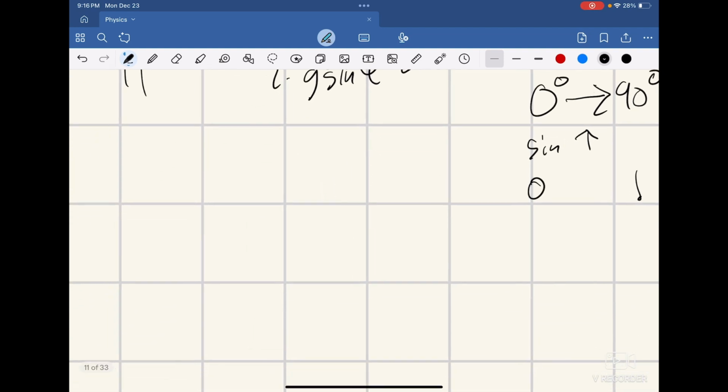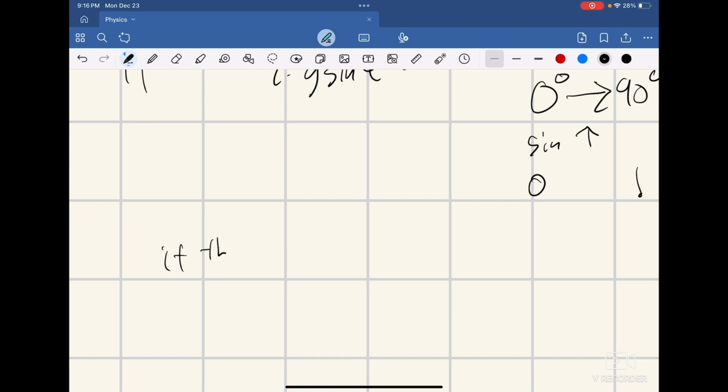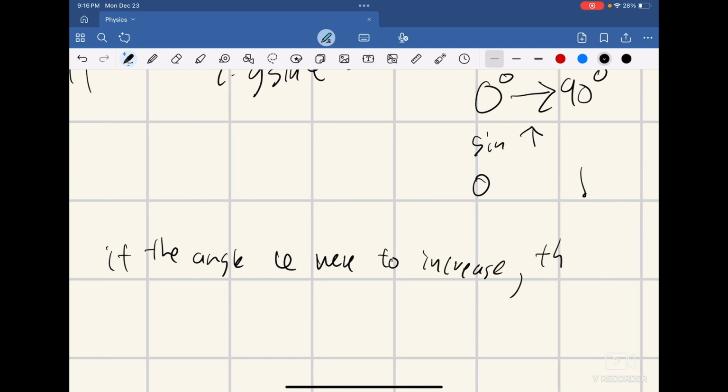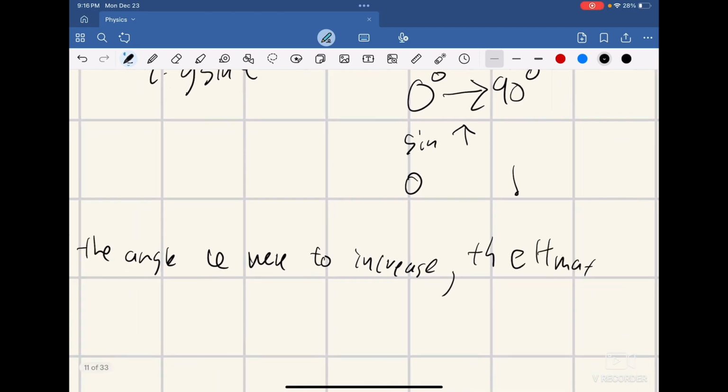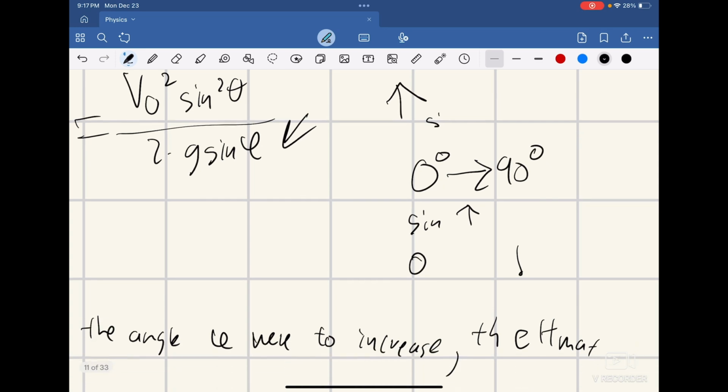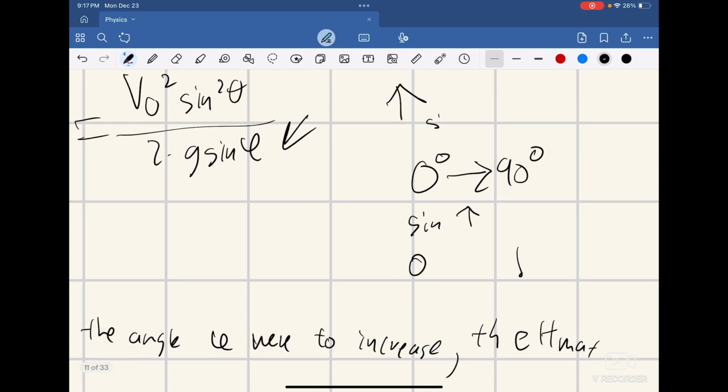So I'll just say, if the angle phi were to increase, the H max. Okay, so I'll explain it one more time. I'll finish my thought.